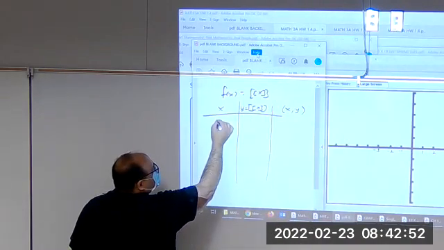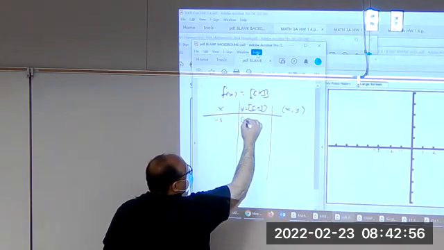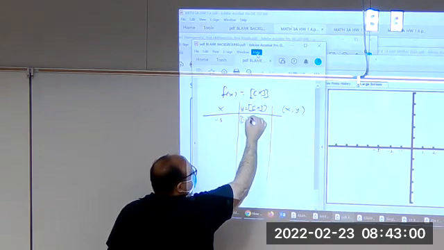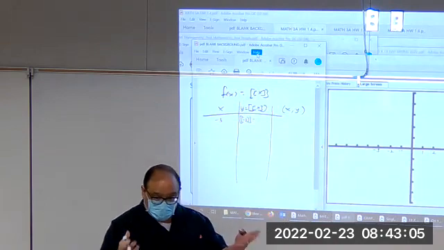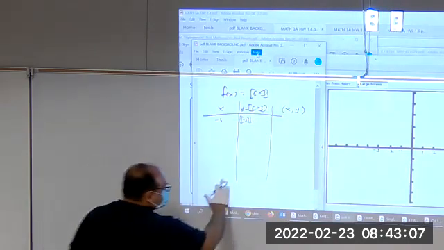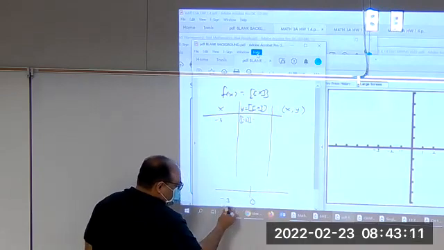First number I plug in is -3. So we're going to take the greatest integer that's less than or equal to -3. So let's verbalize that. On the number line, here's 0, here's -3.